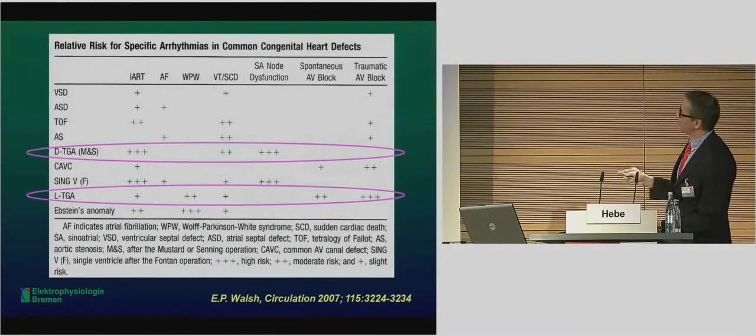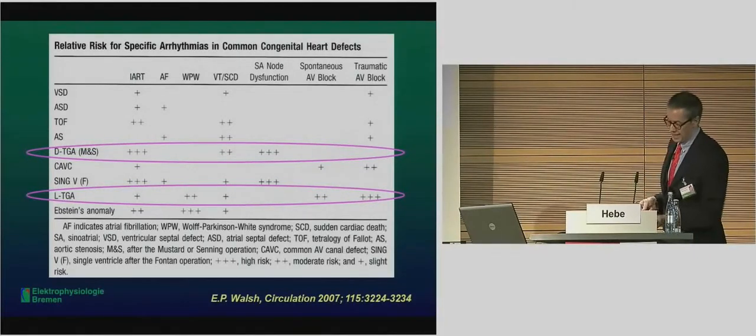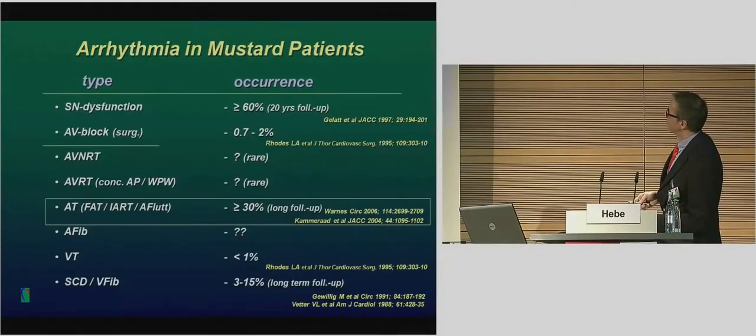If we concentrate again on DTGA or CCTGA, the lower group, and you sum these asterisks that give the relative risk of the occurrence of arrhythmias, you can see that these 2 congenital malformations give rise to all the arrhythmias we can have in our patient cohort.